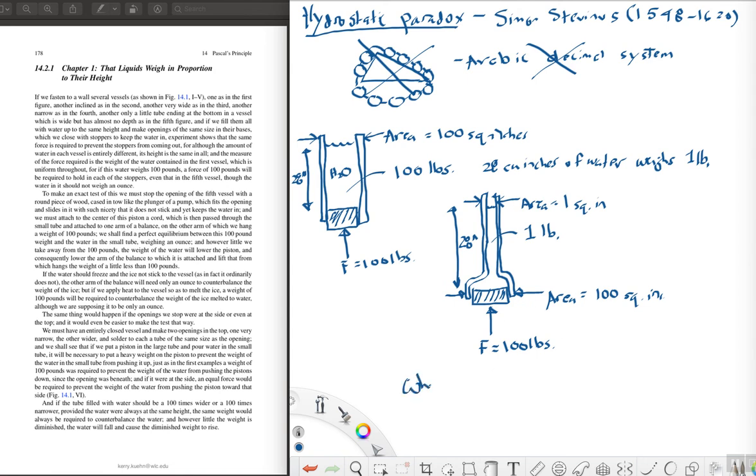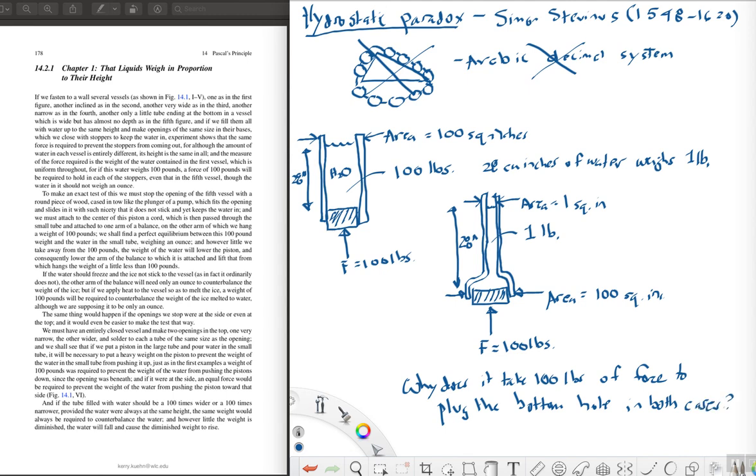So why does it take 100 pounds of force to plug the bottom hole in both cases? This seems paradoxical, and that's why it's called the hydrostatic paradox.